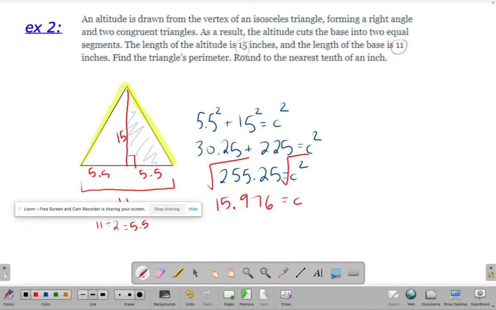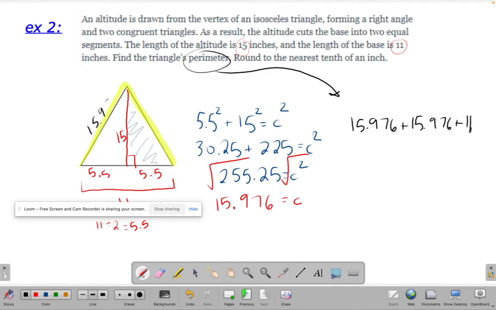Then we're going to go and find the perimeter. Perimeter is when you add up all the sides. So that would be 15.976 plus 15.976 plus 11. So this was 15.976. This is 15.976.